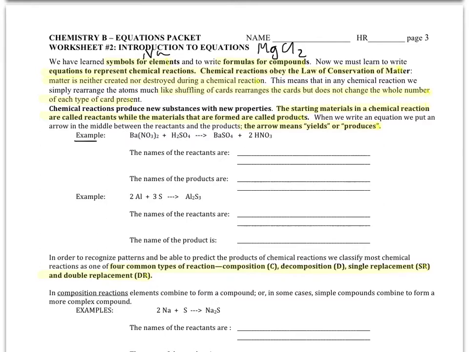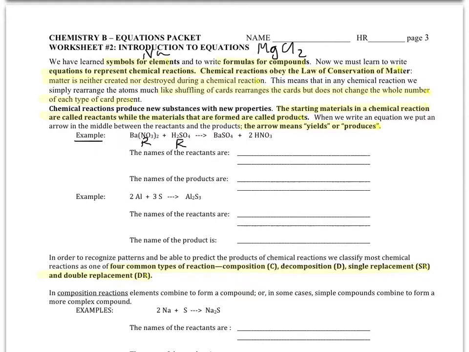So if we look at an example down here, you can start off with this reactant, so I'll put an R for reactant, right? That's what we start with, is called a reactant, and this other reactant here. And if you combine them together, a chemical reaction will occur, which means that we are going to rearrange the combinations of atoms here.